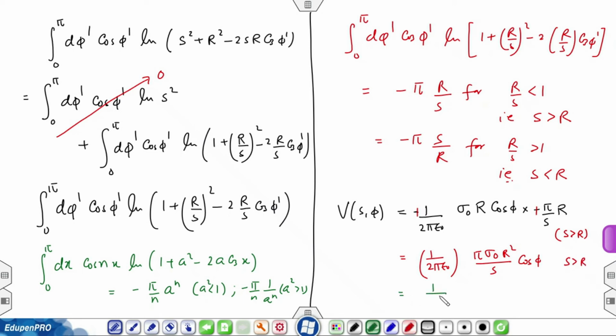and again I can write this as 1 over 2 pi epsilon 0 pi sigma naught s cosine phi for s less than r.